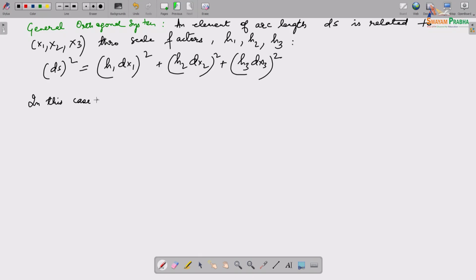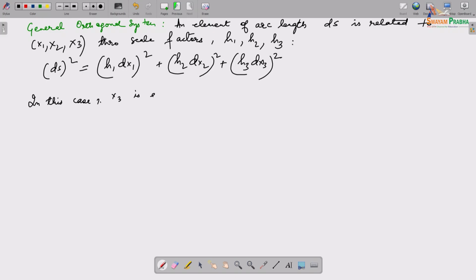Here I'm not going to go into the details of this. This is from math, and you should be able to get the details on any standard mathematics book.